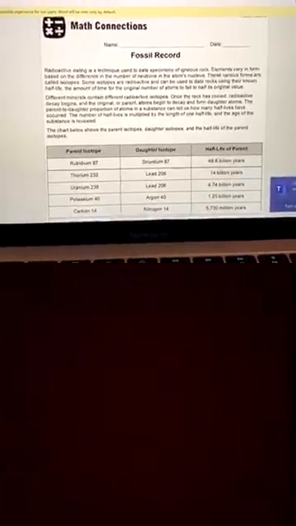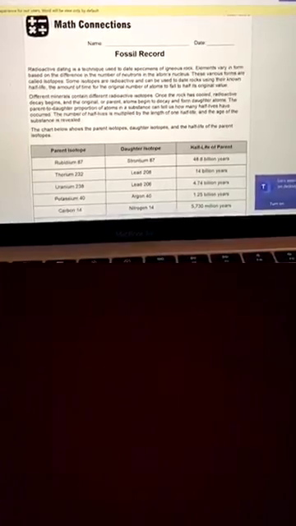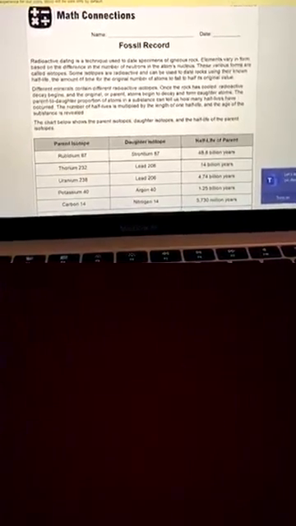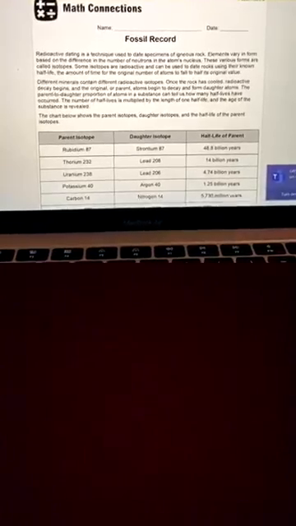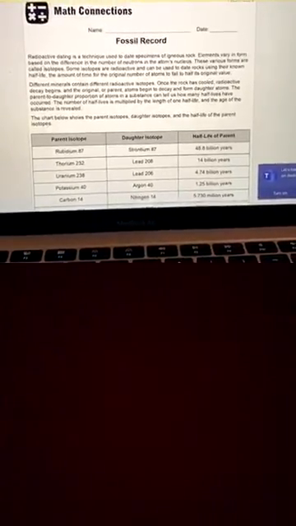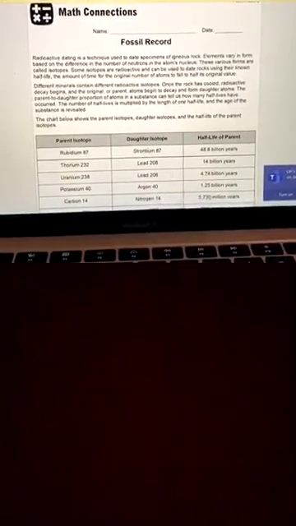All right, so radioactive dating is a technique used to date specimens of igneous rock. Elements vary in form based on the differences in the number of neutrons in the atom's nucleus. These various forms are called isotopes. Some isotopes are radioactive and can be used to date rocks using their known half-life, the amount of time for the original number of atoms to fall to half its original value.